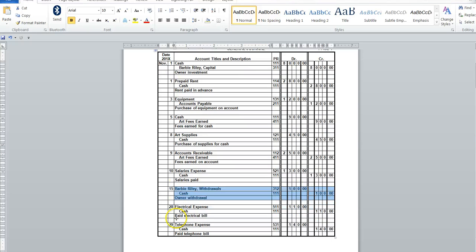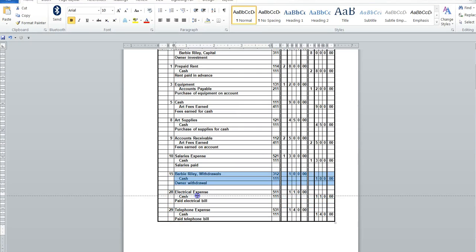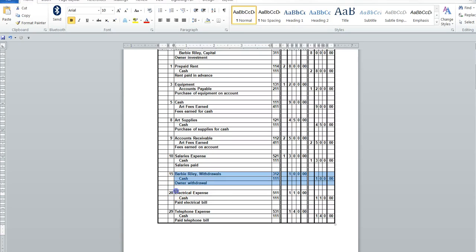Another expense for your electricity. Okay, so you can see you got a debit electric expense and credit cash. Again, your electricity's already been used. So the meter reader comes out, takes a read, and sends it back to the company who bills you, and you pay it.